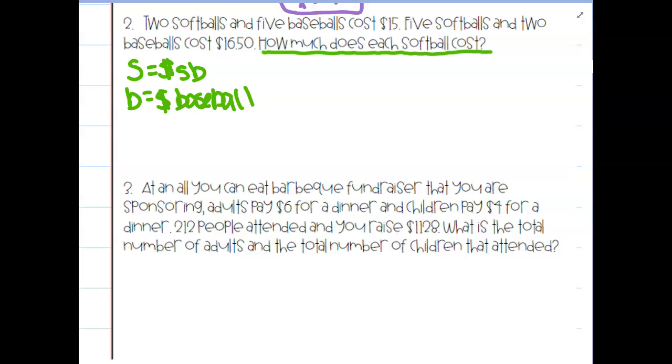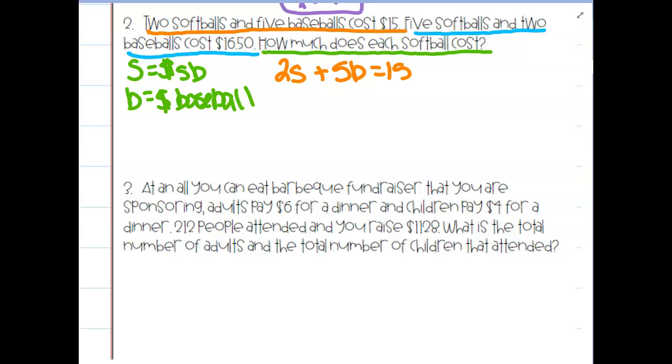You can see how it says 2 softballs and 5 baseballs cost $15. The second equation is almost as easy. 5 softballs and 2 baseballs cost $16.50. Who thinks they can write that one?